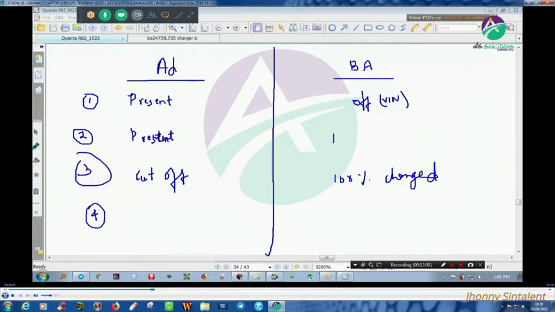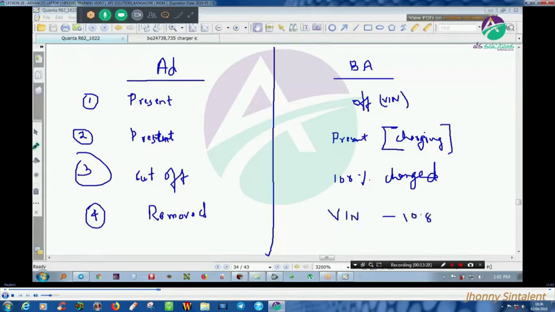When adapter present plus battery present, this should go for charging. When the adapter is removed, the battery will provide V in voltage, 10.8 volts.